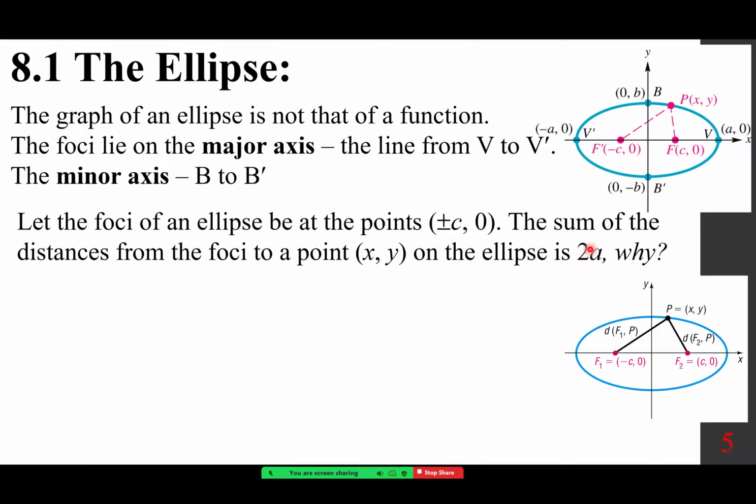Any point P has coordinates (x, y). The distance from P to F and the distance from P to F prime, if we add them up, is fixed, and we want to prove that it's 2a. But remember, if that point is at B, if you connect it to F and F prime, BF and BF prime are the same thing.